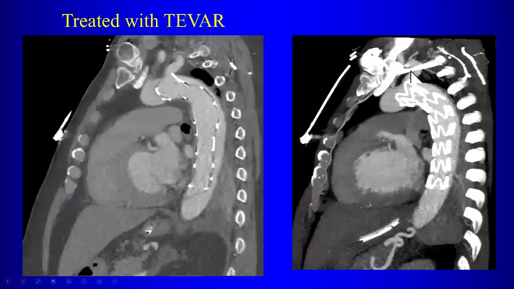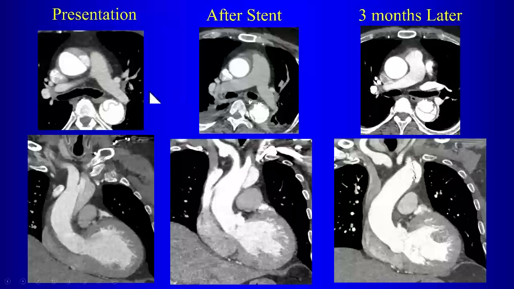And so the idea of the endograft is to close the entry tear, and here's what happens. So after stenting, you can see, so here's the stent. After the stenting, you can see what happens here to the ascending aorta. It gets smaller, and then 3 months later, it's completely healed. So this patient then did not require a sternotomy to actually go in there, repair the ascending, and put in a graft into the ascending aorta, which is probably what would have been done in the past.